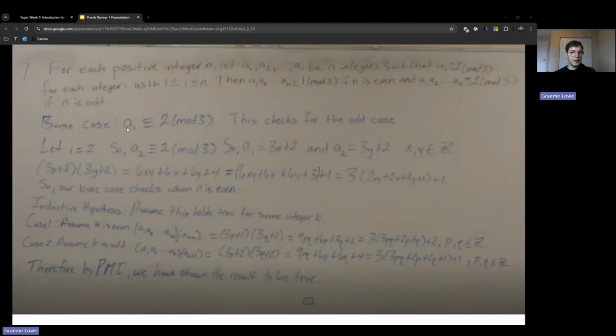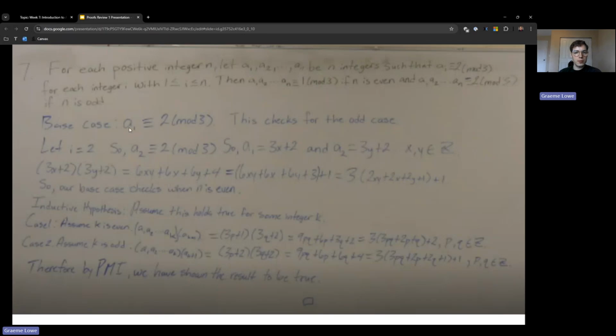So the first term of the series, due to the first sentence, is congruent to 2 mod 3, which again is just saying that we've stated originally that each of these terms is going to be congruent to 2 mod 3.